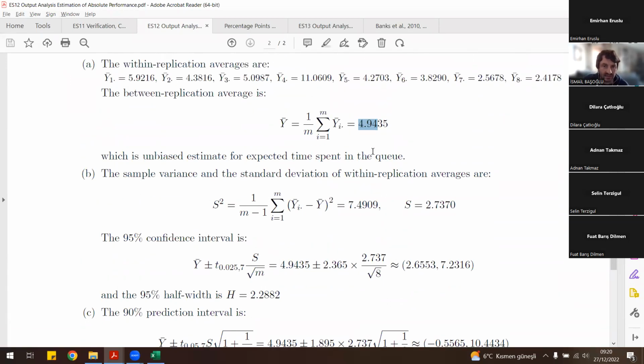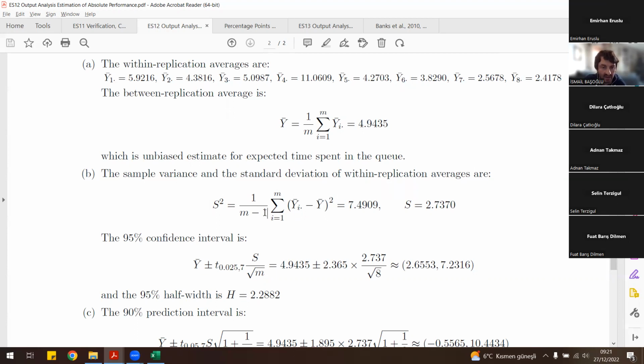First, we subtract this average from each of these within-replication averages, calculate the deviations, and square them. These are called the squared deviations. Finally, we sum them up. Again, we divide by the number of replications minus 1. Again, for the same reason, because we are using a value that we obtained from our replications to calculate another value.